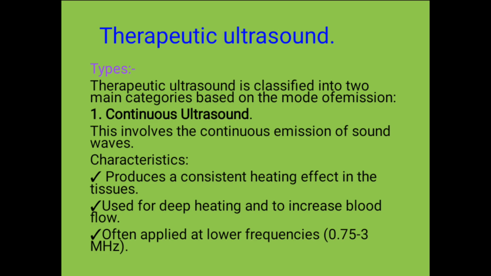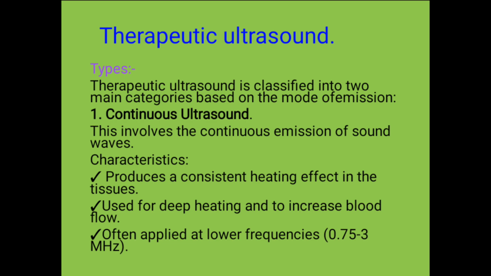So we will start with the continuous ultrasound, and even from the name continuous, which means there is a production which is in a continuous form. So generally, continuous ultrasound involves the continuous emission of sound waves. So it is continuous. And we have a few characteristics about this continuous therapeutic ultrasound.